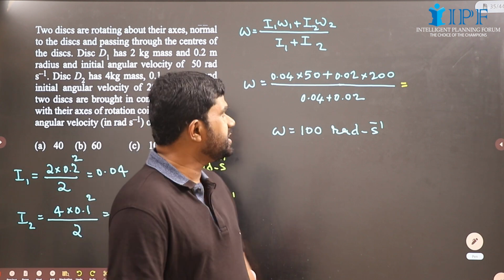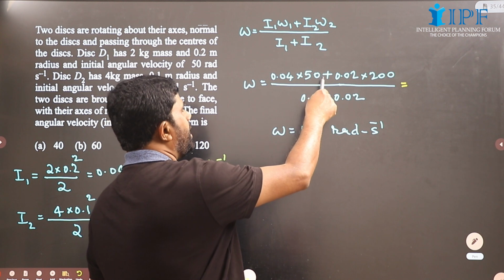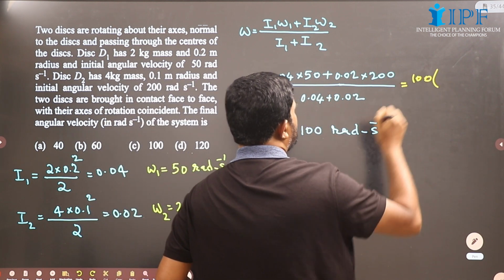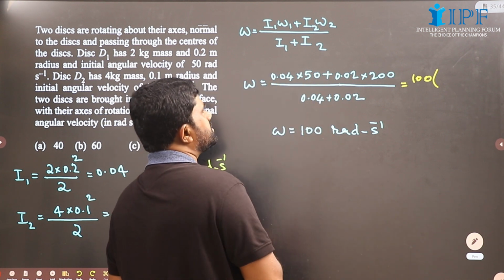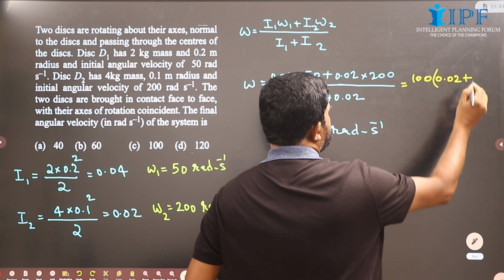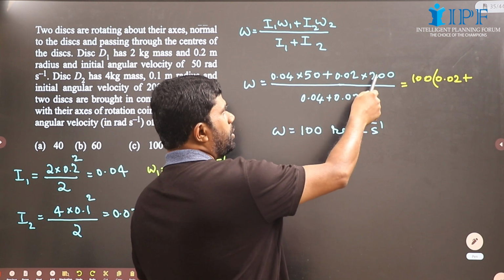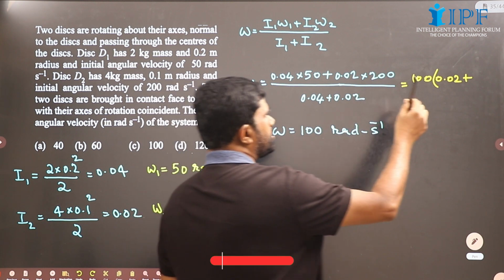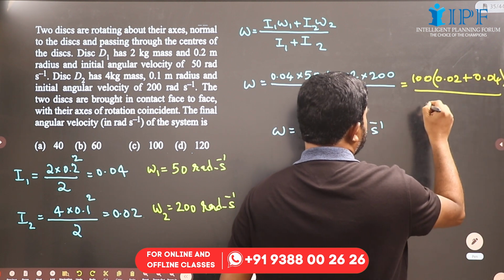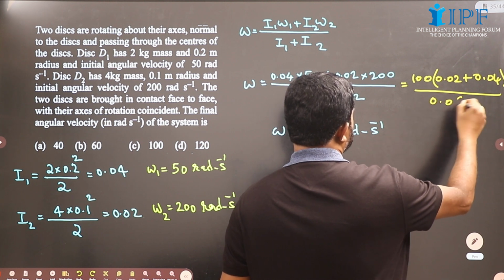Now see, in the numerator we can take 100 as a common factor, this 50 and 2 from this. So 100 into, in this first term what remains is 0.02, plus, and in the second term if we take 100 out, 2 remains here, 2 into 0.02 will be 0.04, divided by, see in the denominator what do we have, it is 0.06.